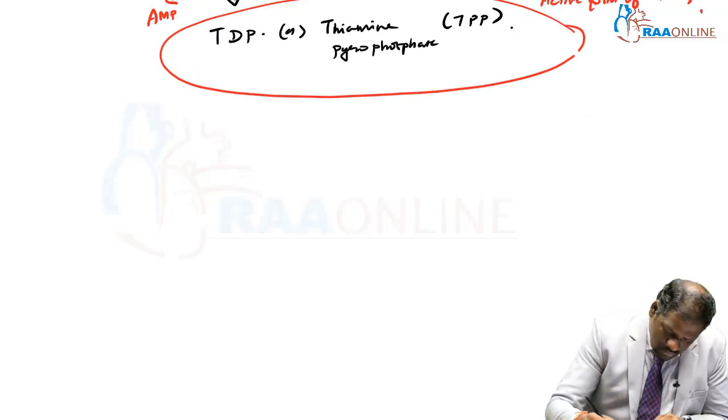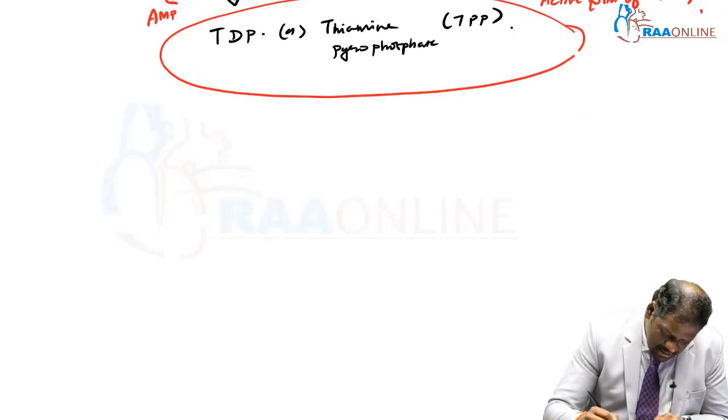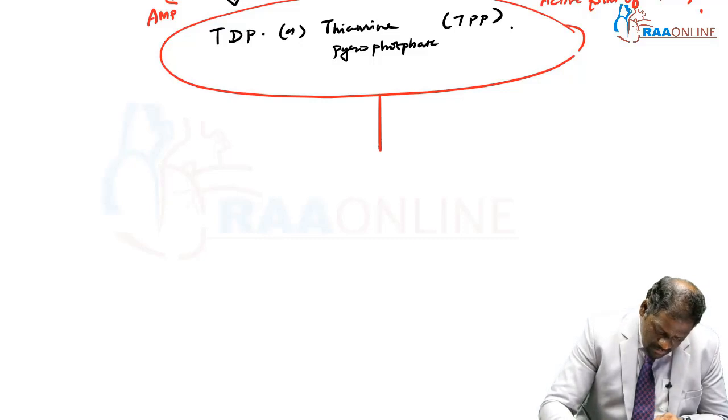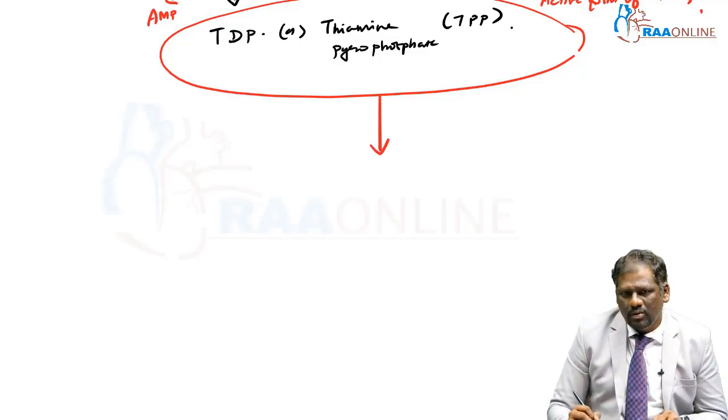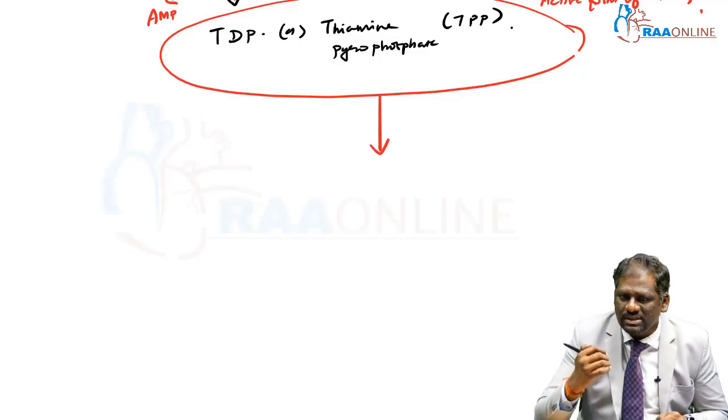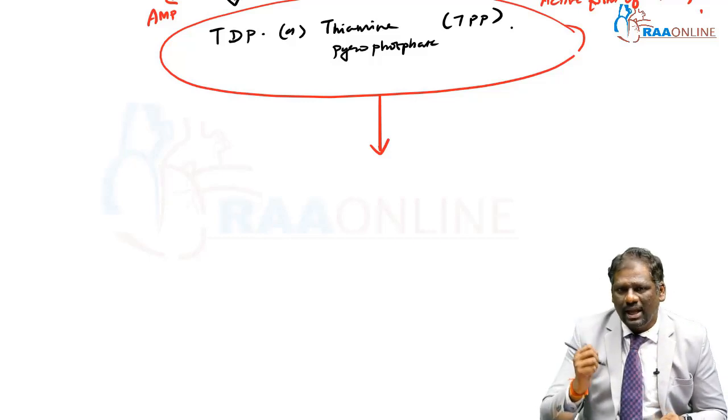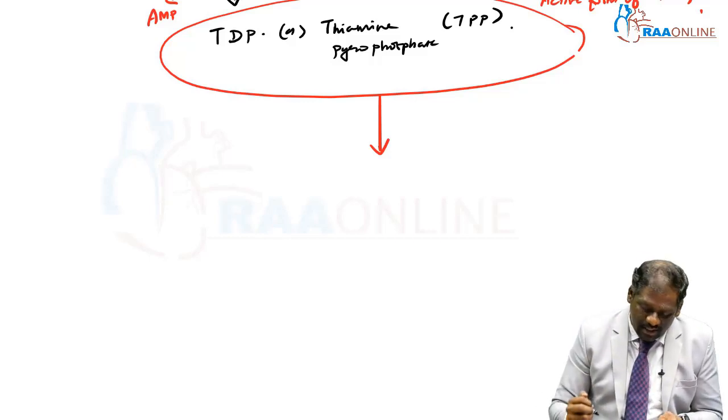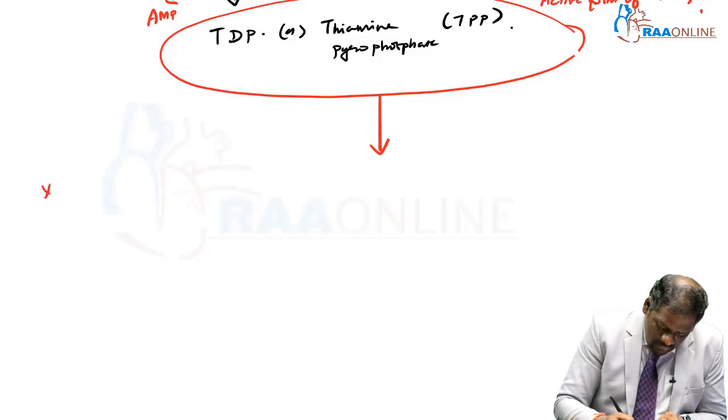Now we come to the clinical significance of thiamine pyrophosphate. What is the role of thiamine pyrophosphate? Thiamine pyrophosphate or thiamine diphosphate is extremely important for reactions like oxidative decarboxylation.